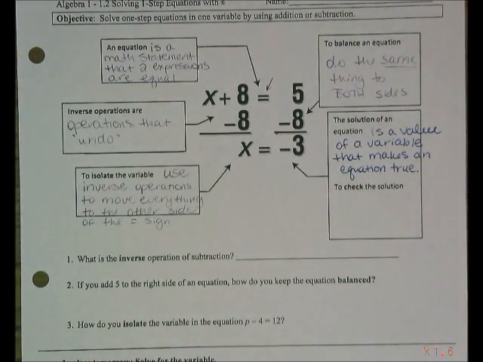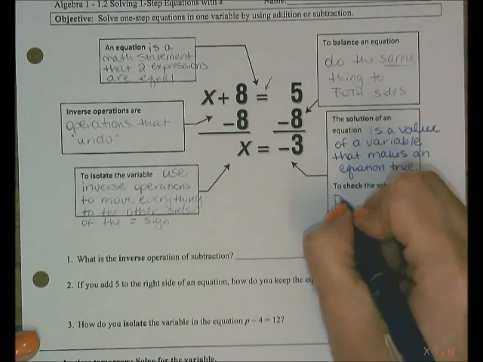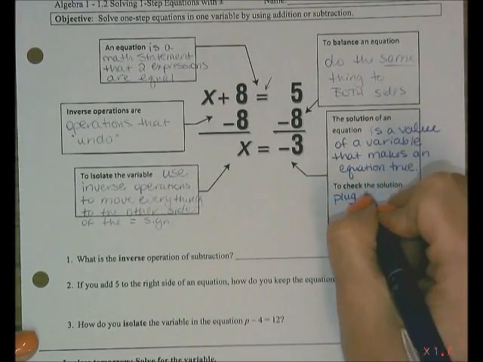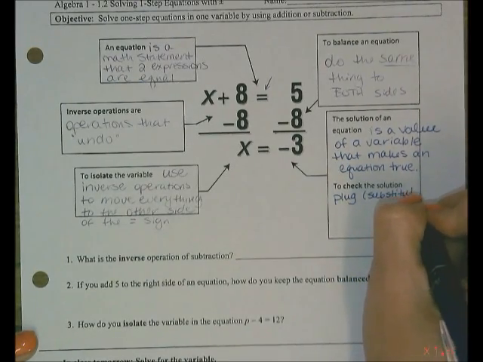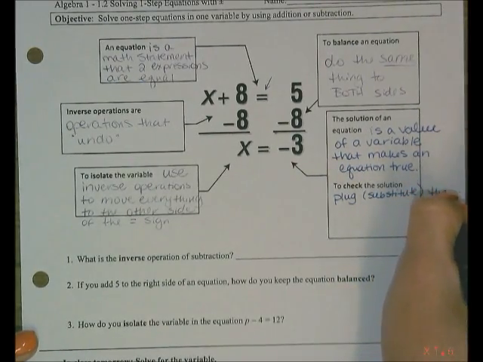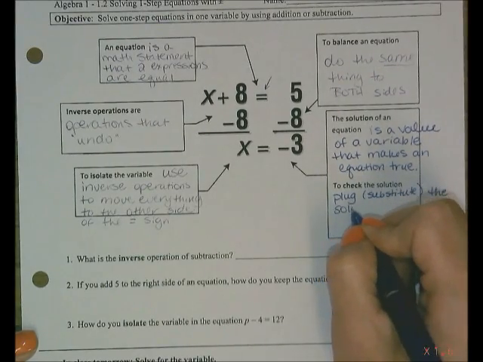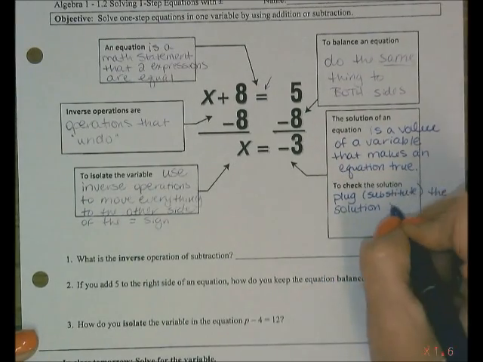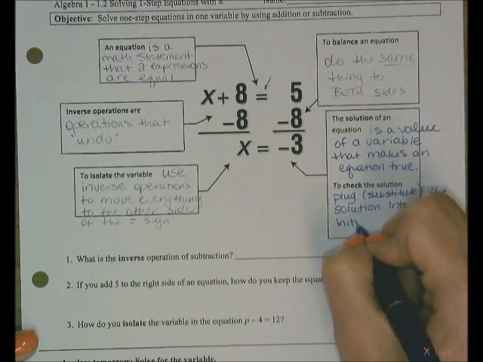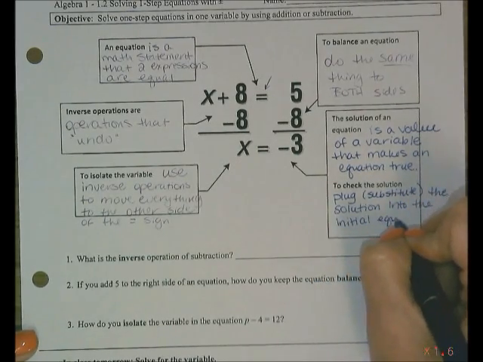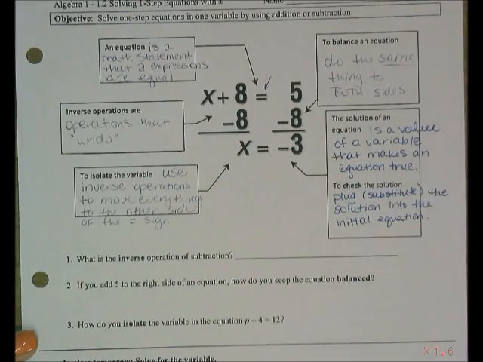The good news is you can check your solution. The way we check a solution is we plug the value for the variable back into the main equation. We plug, or substitute, the solution back into the initial equation. So let's check this one.